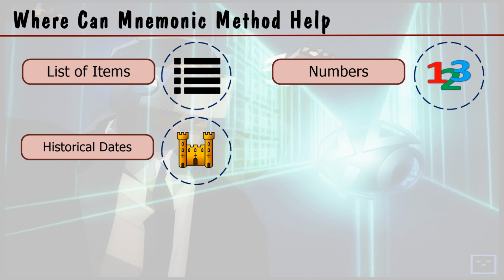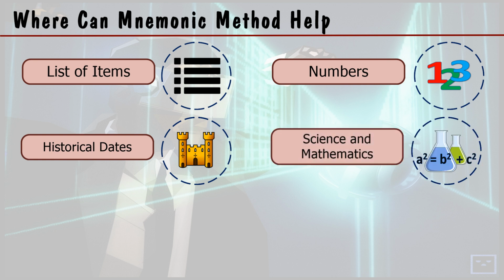Historical dates are sometimes quite confusing and get messed up in memory. Mnemonic systems can help connect events and dates together. Science and mathematics formulas are often a big challenge and may overload your brain. Mnemonic systems can come to the rescue here also.